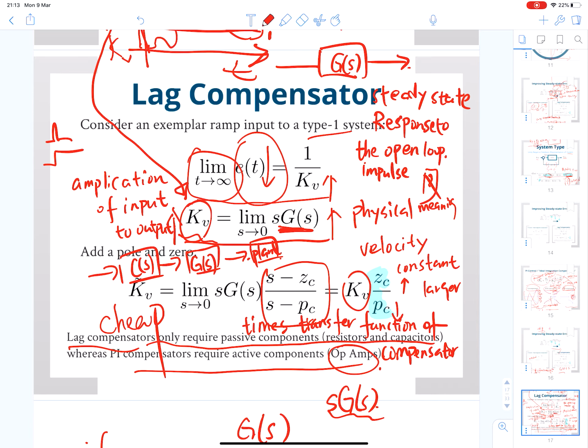The error when t approaches infinity is going to be 1 divided by Kv, and Kv is going to be the limit as s approaches 0 of s times G(s), and with the compensator, Kv is equal to the limit as s approaches 0 of s times G(s) times (s minus zc) divided by (s minus pc), which is going to be Kv times zc divided by pc.